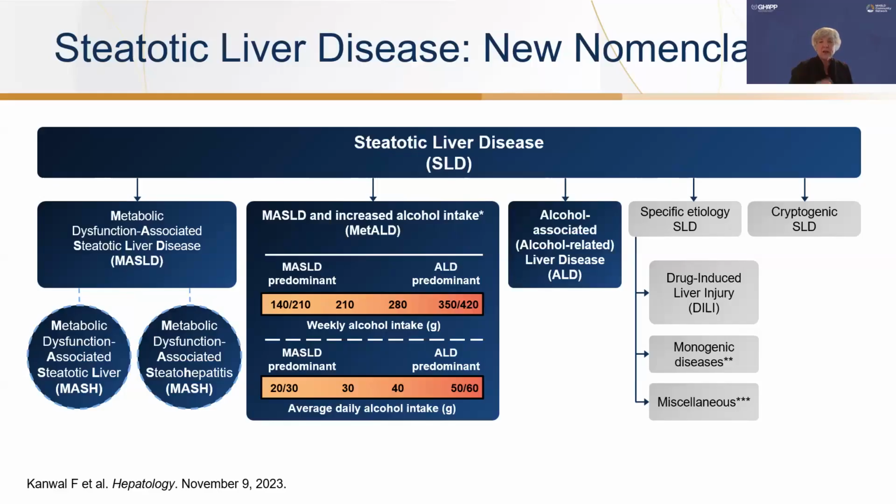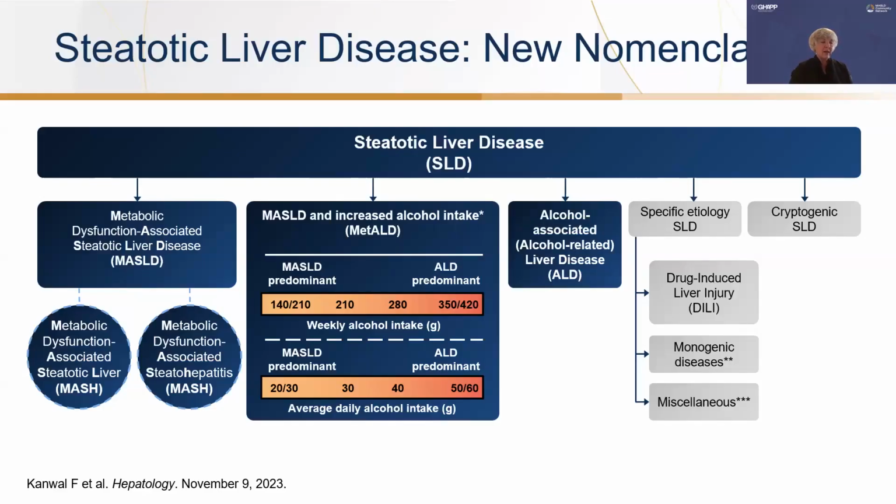And if you can see here over the top, it says steatotic liver disease. That's what the replacement is there for. But then when we look over on that left side, we see metabolic dysfunction associated steatotic liver disease, or MASLD. And this new nomenclature is a terminology that's been brought about to lessen the stigma associated with liver disease.